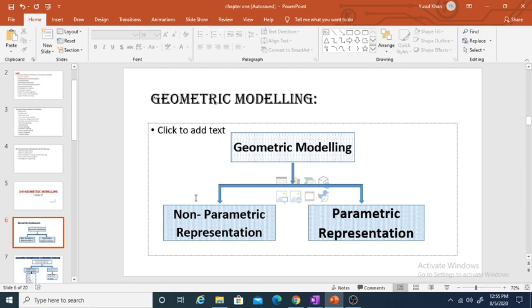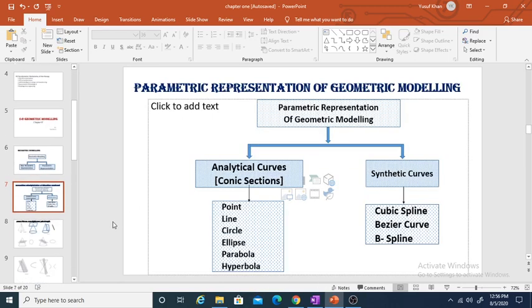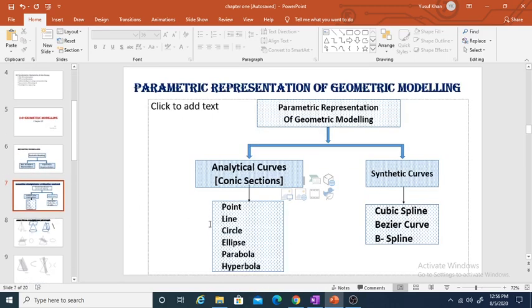We already discussed the parametric method. Sorry, we have discussed the parametric method. In that case, we have used one parameter to construct the geometry. Now we'll see what we mean by the non-parametric representation of the curve. We have constructed the equation for the line, circle, ellipse, and Bezier curve.